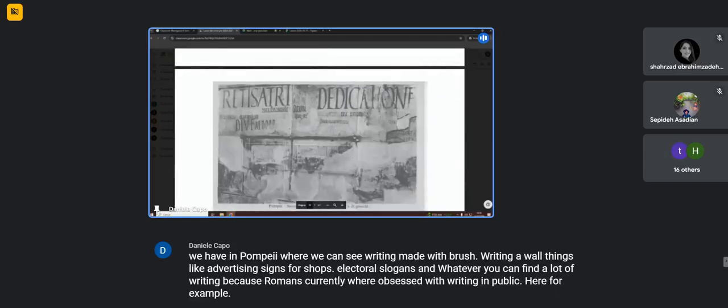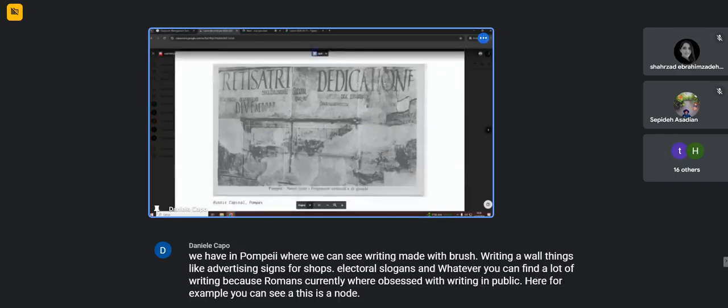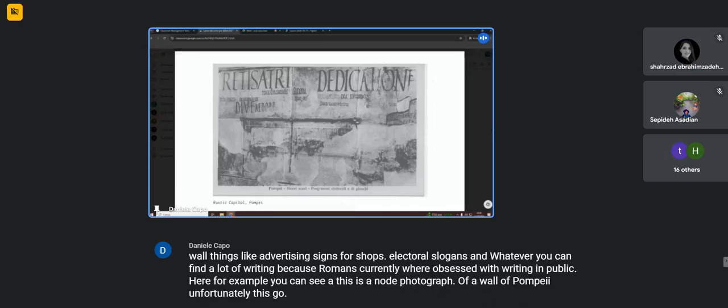Here, for example, you can see an old photograph of a wall of Pompeii. Unfortunately, this wall was partly destroyed during the Second World War.